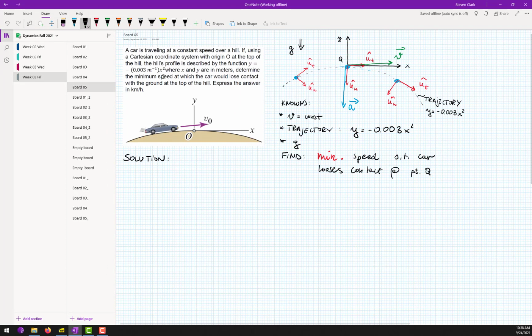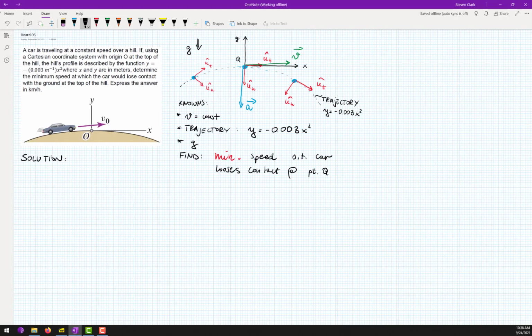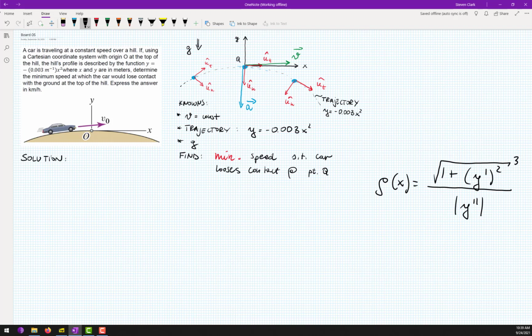However, even if we don't, please double check the solution on Canvas, because I think that problem is useful, as it shows how to use this expression: rho is equal to the square root of (1 plus y dot squared) to the power of 3, and in the denominator, the absolute value of y double dot. This example illustrates how to use this expression to find the radius of curvature. So even if I don't make it, please double check the solution on Canvas.